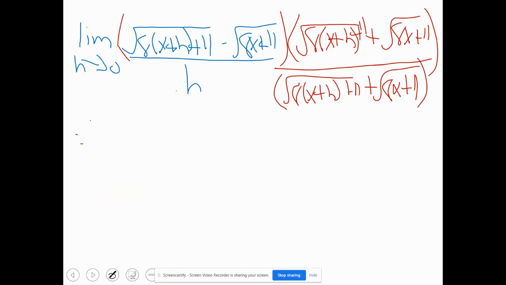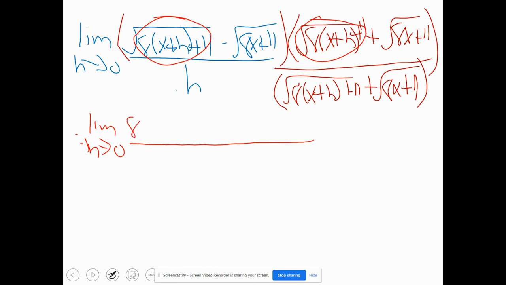All right, so that gives me the limit. And just like I think I said the other day, there's a lot of arithmetic that's going on here. And it's not overly difficult, just a lot of it. On the top, that's where I got my conjugate. I got to multiply. So let's FOIL. The radical times itself is 8 times x plus h plus 11. The inside and the outside terms cancel out.